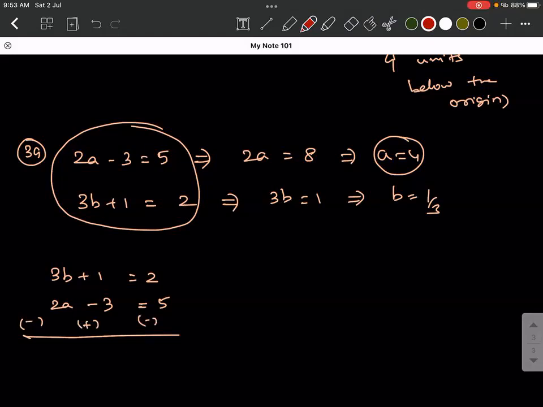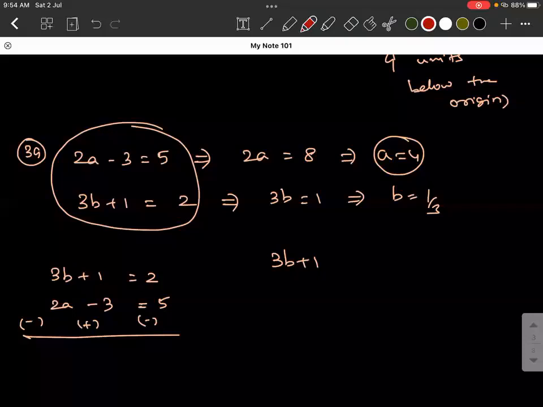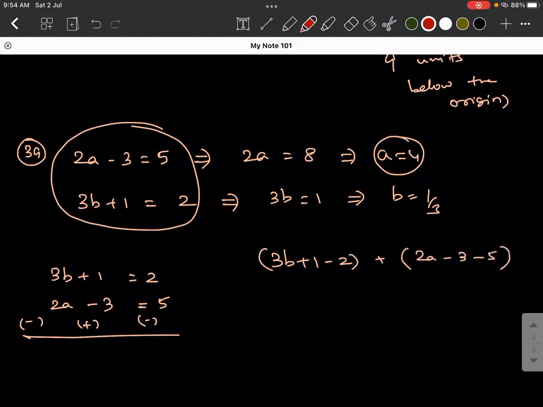So when you subtract both the equations, I want you all to note this point, that the sign of the terms of the second equation will change. Plus 2a will become minus 2a, minus 3 will become plus 3, and 5 will become minus 5. Why is that so? Because 3b plus 1 minus 2 minus the bracket of 2a minus 3 minus 5.